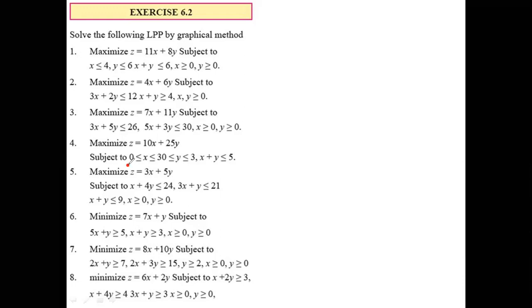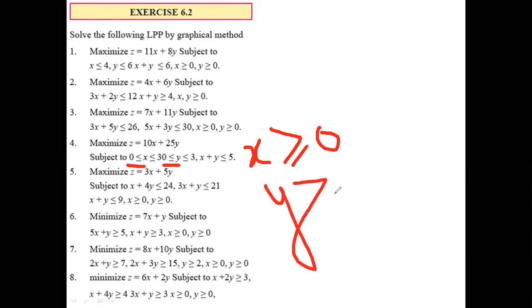But if you pay attention carefully, the non-negative constraints are given like this. 0 less than equal to x, if I write it, it is as good as x greater equal to 0. Similarly, if I write 0 less than equal to y in the other way, it is nothing but y greater equal to 0. So as you all know, class, these non-negative constraints we always ignore.